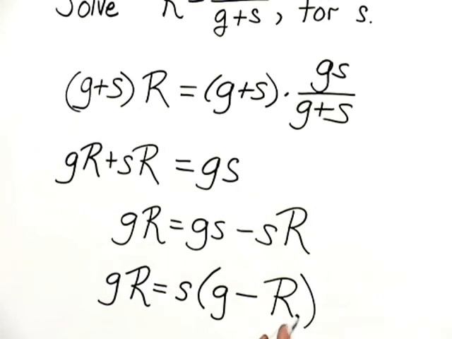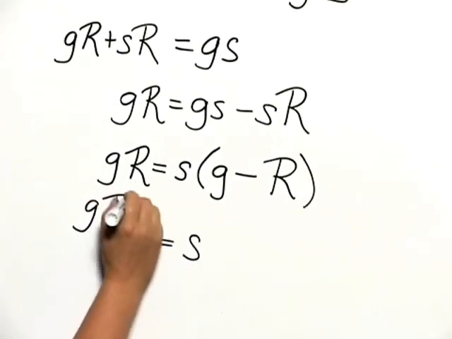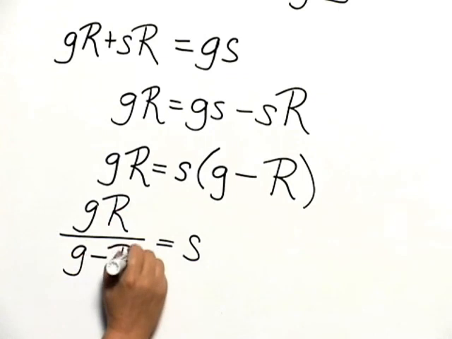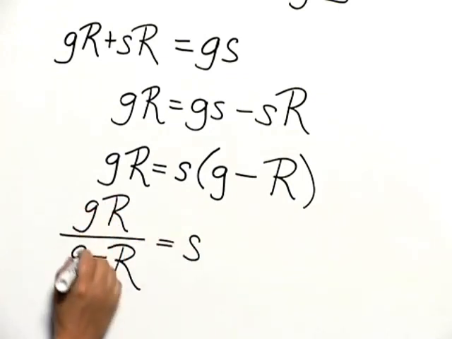Dividing by g minus r on this side will leave us with simply s. Dividing by g minus r on this side, we get gr over g minus r. And since s is by itself on one side of the equation and doesn't appear anywhere on the other side, we have solved for s.